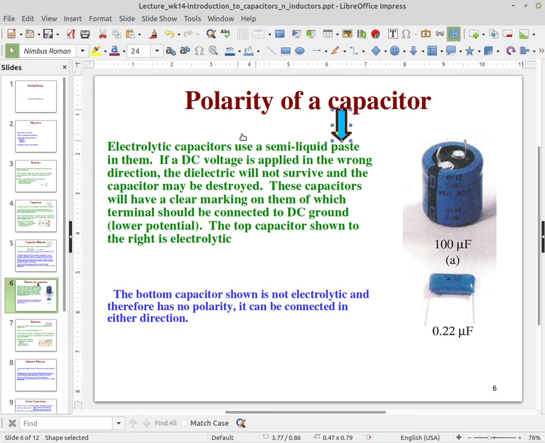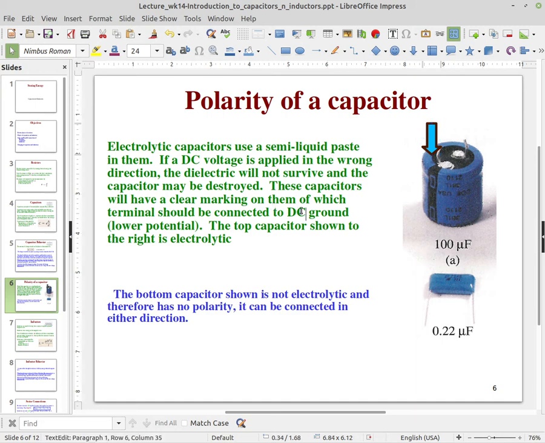So if we look at this capacitor right here, you see that this one terminal right here is marked as negative. So that's showing you that it has a negative and therefore a positive. So this applies to DC.